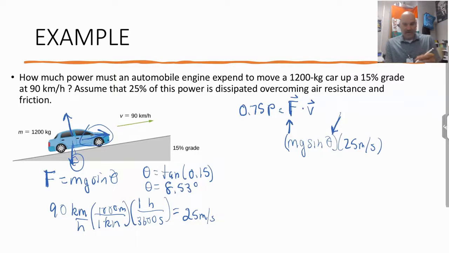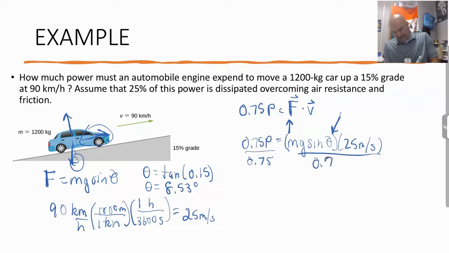Now we have almost everything we need. The last thing we have to do is divide both sides by 0.75, because 25% of the power is used up, which means it has three-fourths of that power left.